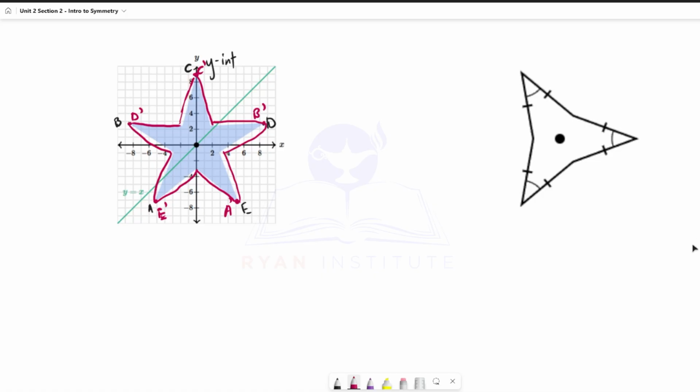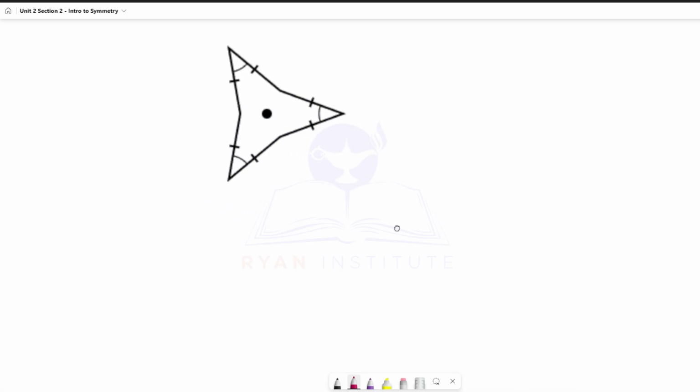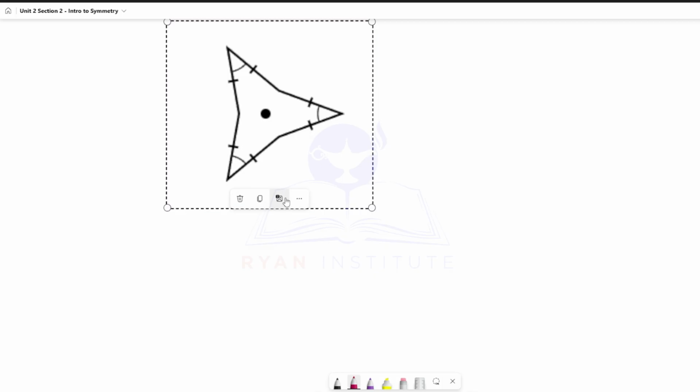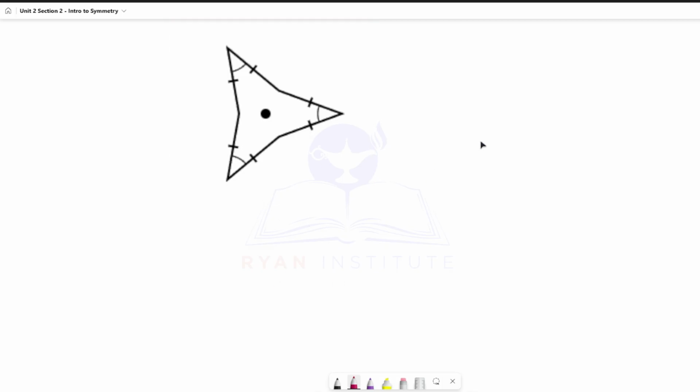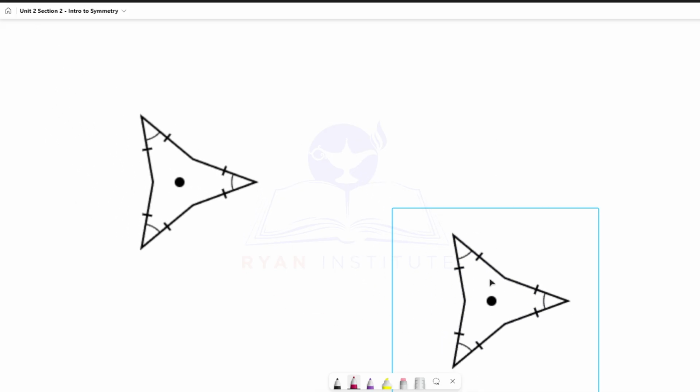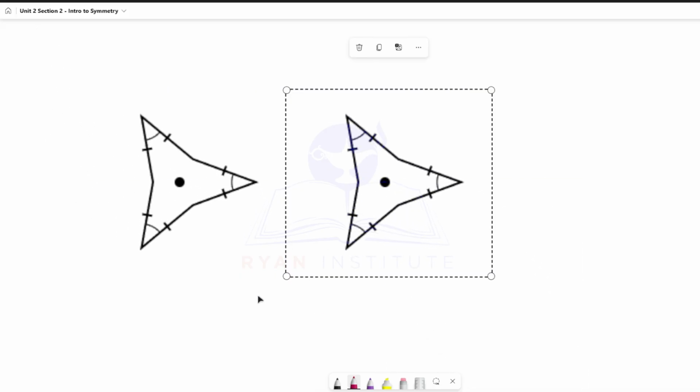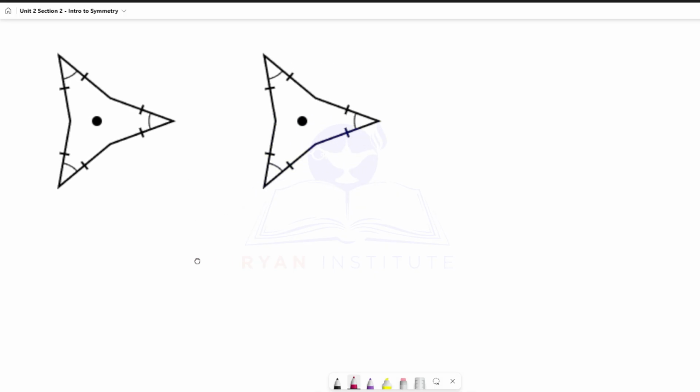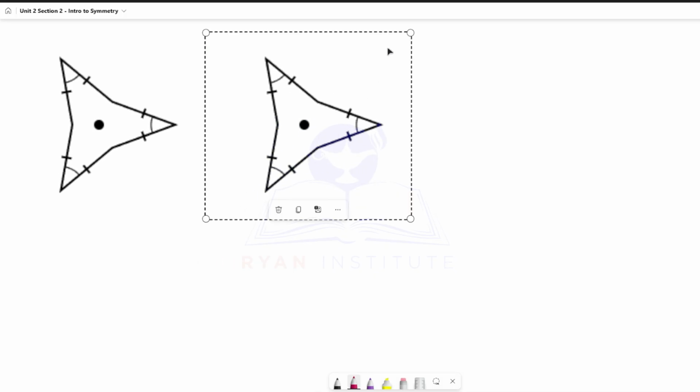Now let's talk about the rotational symmetry of this ninja star here. I'm going to copy the shape, put them next to each other, and then let's see if there's any rotational symmetry outside of the original degree.